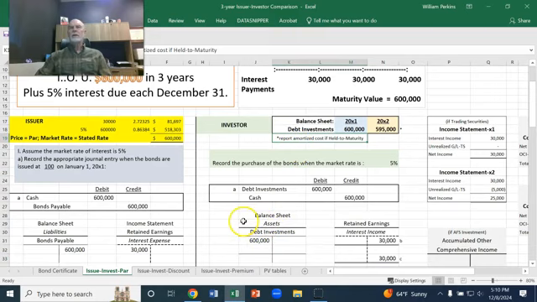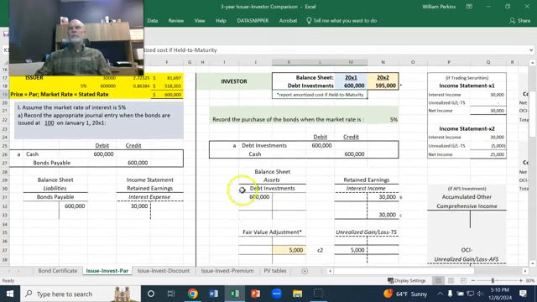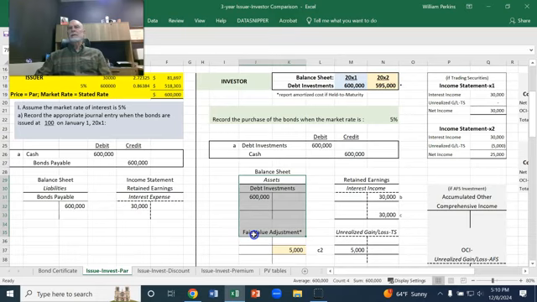But let's assume it's classified as a trading security or available for sale. In that case, we would need to adjust the carrying value to reflect the market value of the investment. Let's assume at the end of the first year, the market value is $600,000, so there is no adjustment needed.